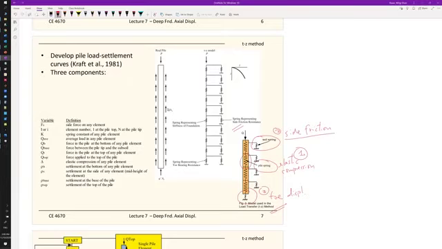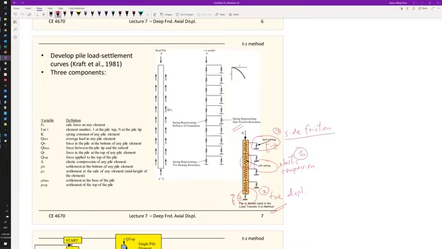Actually, the side friction springs are usually called the TZ springs. So this is the TZ, this is the QZ. We call it the TZ method because we use TZ to represent the soil spring at the side of the pile.